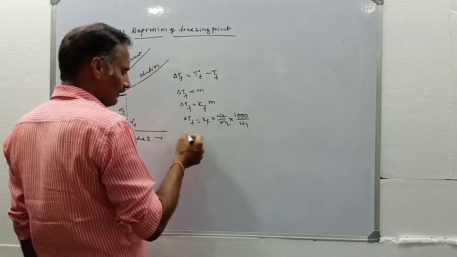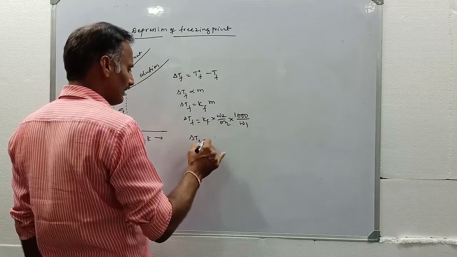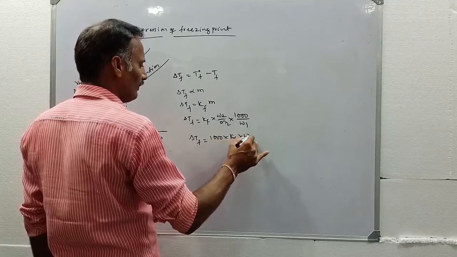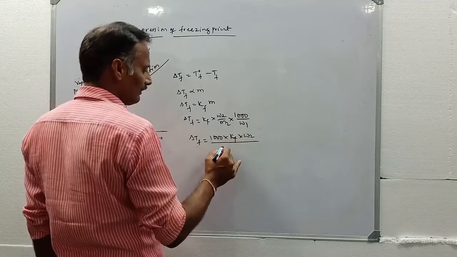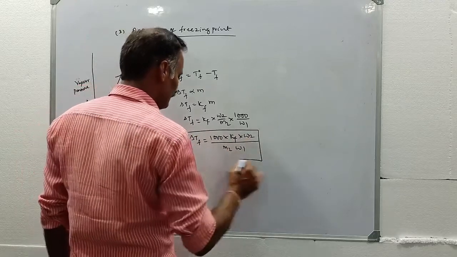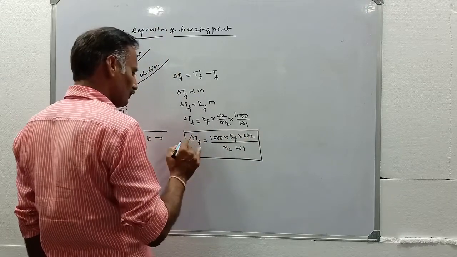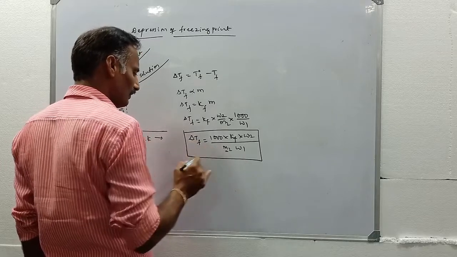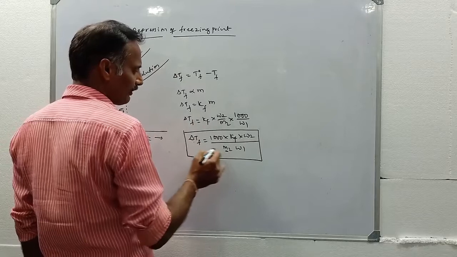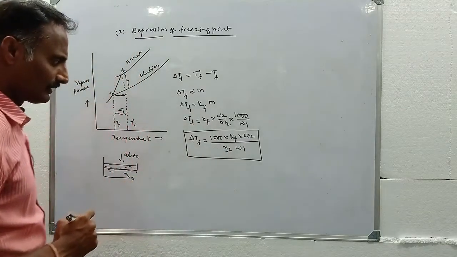On rearranging, it can be written as delta TF equal to 1000 into Kf into W2 divided by M2 into W1. This is one of the important expressions used to calculate the molecular mass of a solute, by knowing the depression of freezing point of the solution.